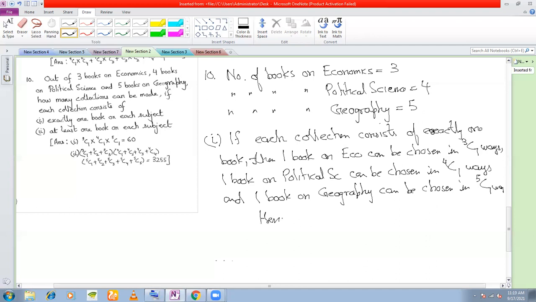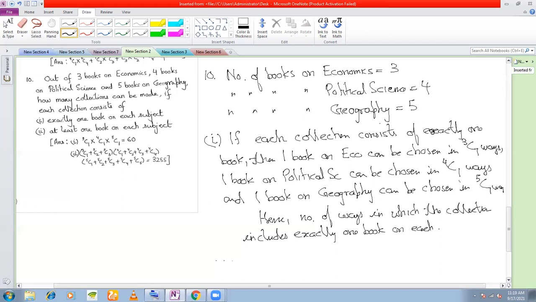Hence, the number of ways in which the collection includes exactly one book on each subject is equal to 3C1 into 4C1 into 5C1, which is equal to 60.